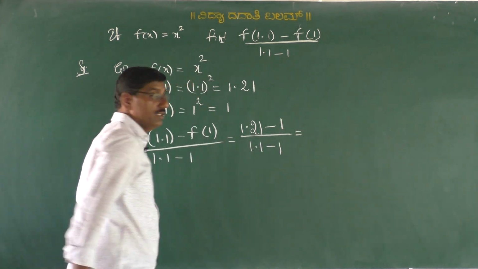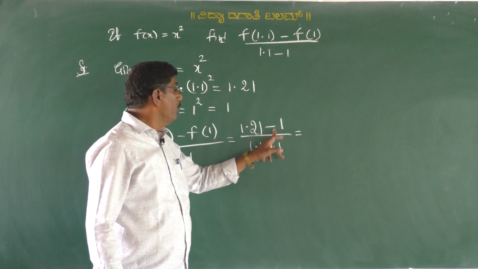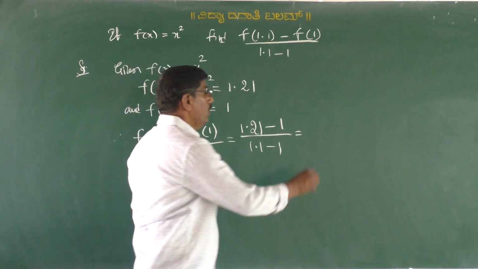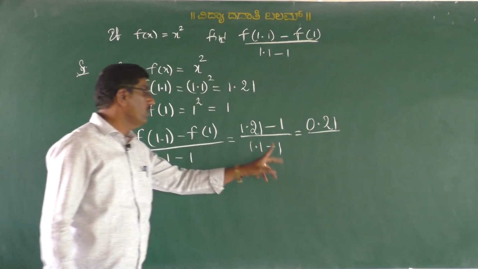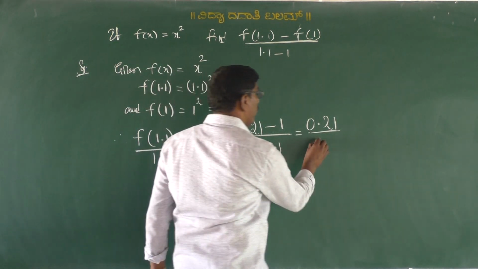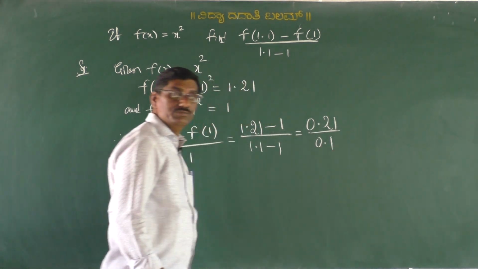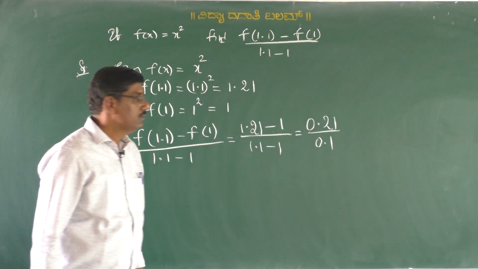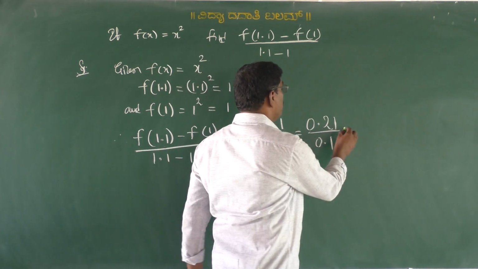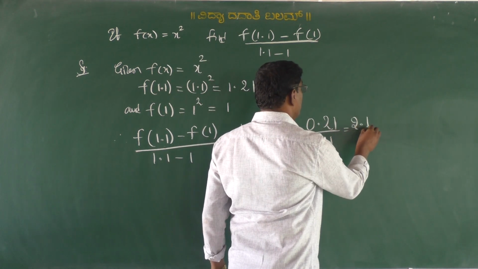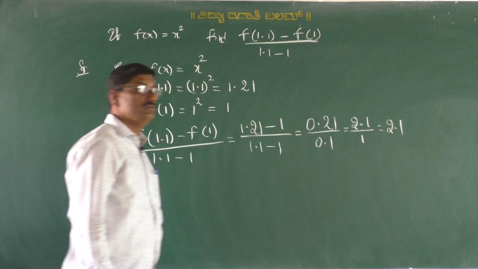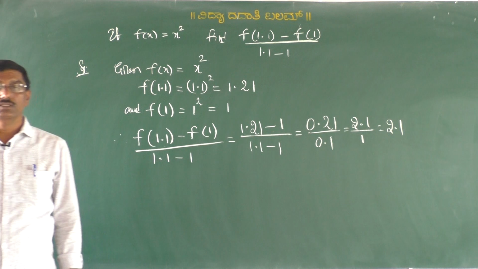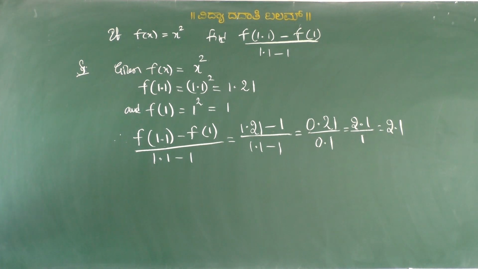That is, my dear students, 1.21 minus 1, that is 0.21, divided by 1.1 minus 1, that is 0.1, isn't it? If we shift this, it becomes 2.1 divided by 1, which is equal to 2.1. Am I correct, all of you? Yes, 2.1 is the answer, my dear students.